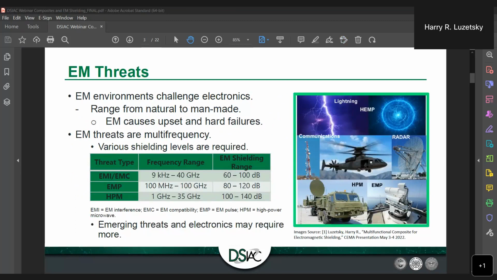And for each of these, whether it's EMI all the way through HPM, the table shows what frequency ranges are associated with, and the EM shielding range that's required to basically provide protection against those particular energies. Granted, emerging threats in electronics may require more, but right now the focus is on these basic three areas, if you will. Next.